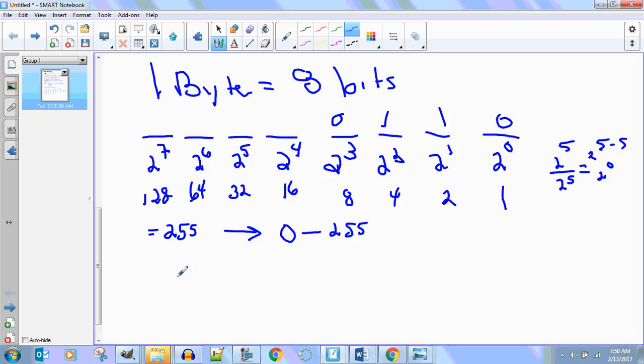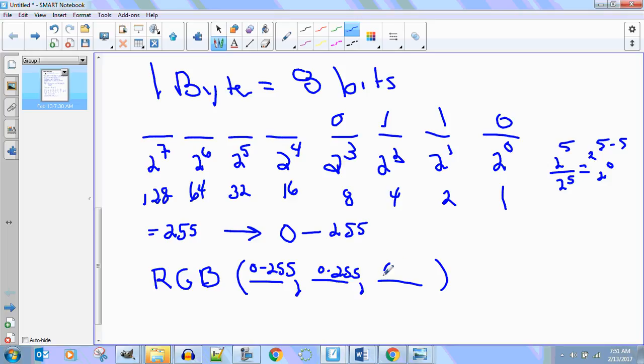Let's go back to RGB. Do you guys remember doing RGB this year? Who remembers doing RGB on the first app we did? Remember RGB takes in 3 parameters? All these numbers go from 0 to 255 in the red, 0 to 255 in the green, 0 to 255 in the blue.